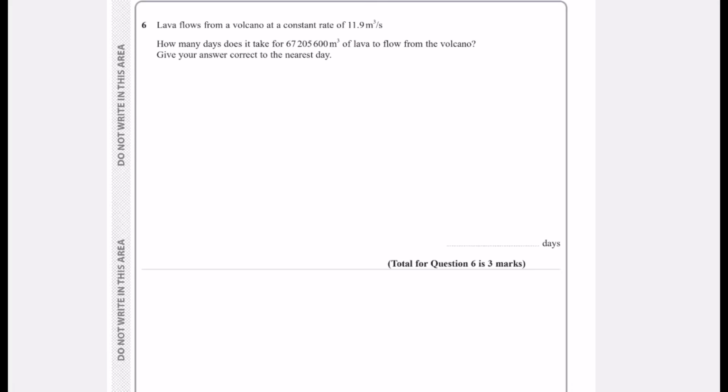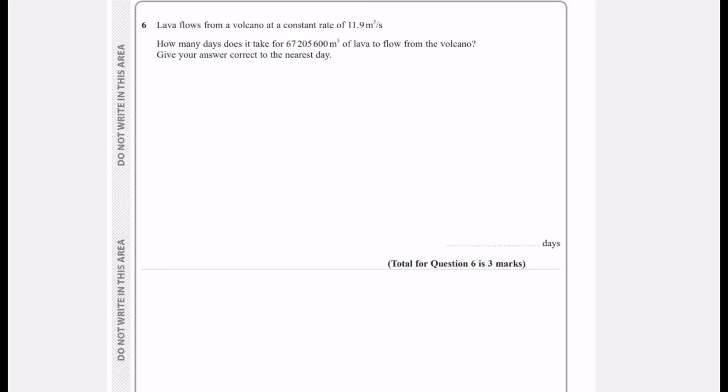Question 6. Lava flows from a volcano at a constant rate of 11.9 meters cubed per second. How many days does it take for 67,205,600 meters cubed of lava to flow from the volcano? Give your answer correct to the nearest day.